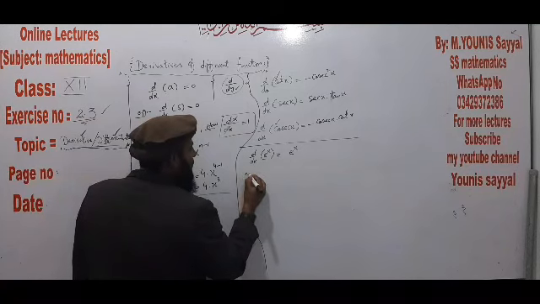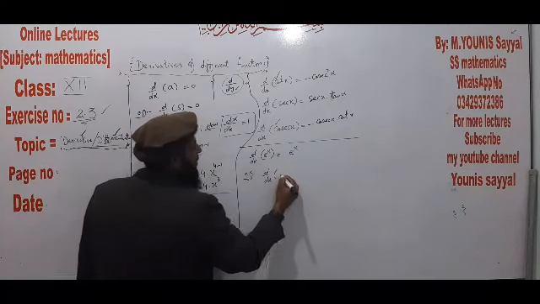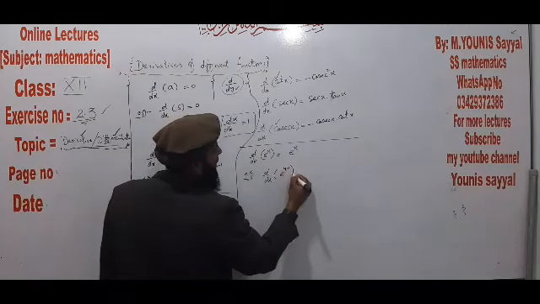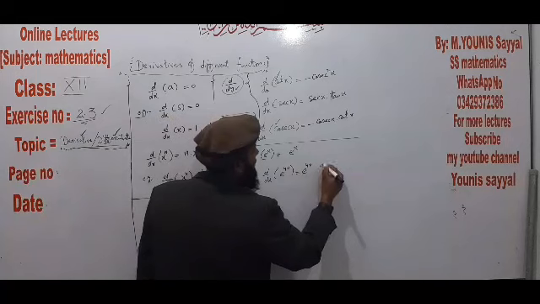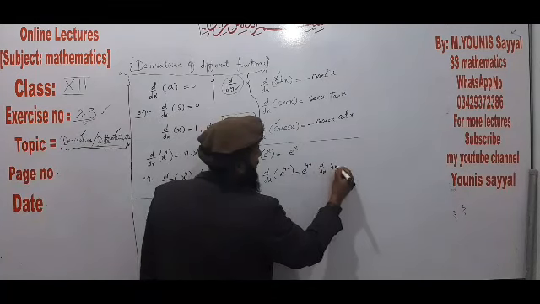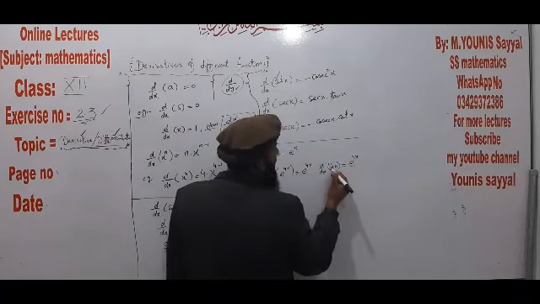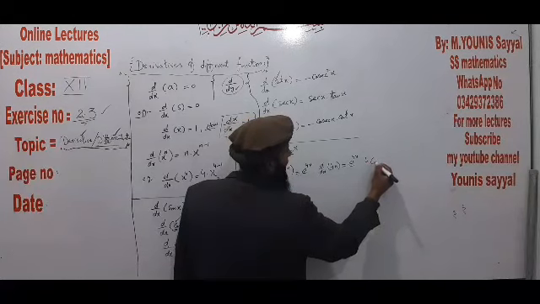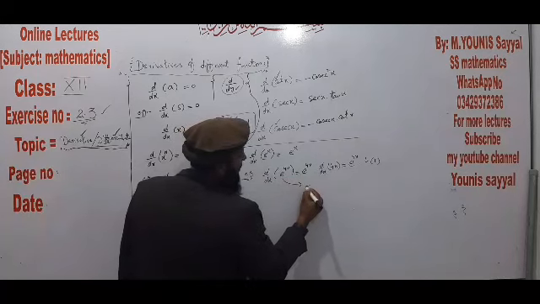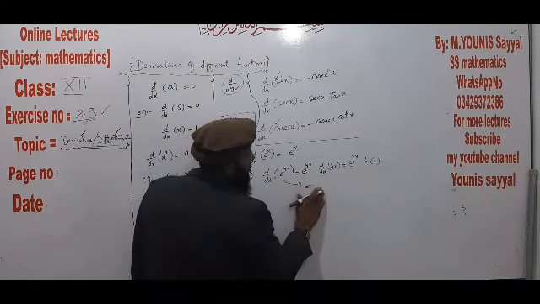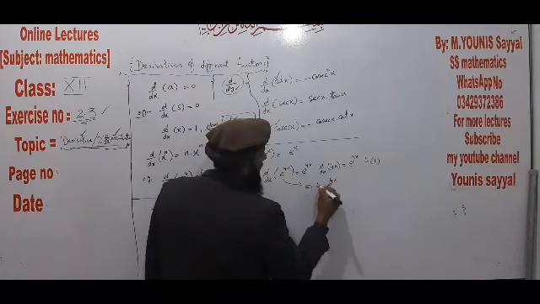But when some power comes, like e power 4x or 5x, then the derivative is e power 4x times the derivative of 4x, which is 4. So the derivative of e power 4x is 4 e power 4x.